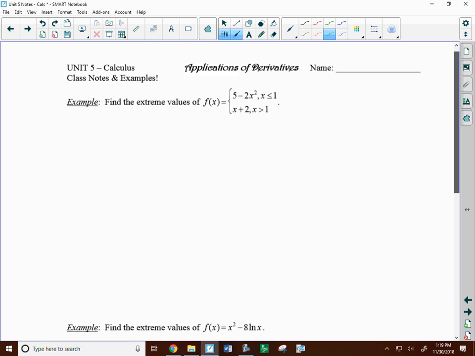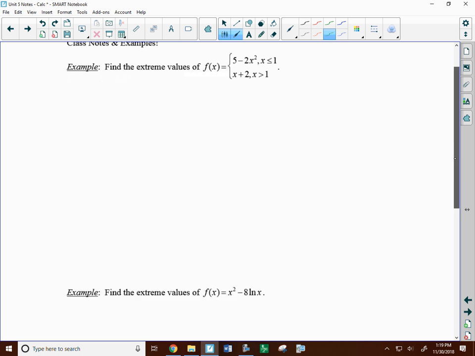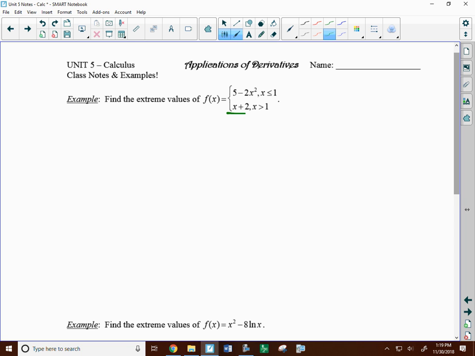Okay, first of all, this one's piecewise. So it's slightly different here. It's a function, a line, x plus 2. We can even graph the basic function if we want. Everything to the right of 1 is x plus 2. So here's 2, so it's a line, going up like this. And then everything less than or equal to 1 is 5 minus 2x squared.